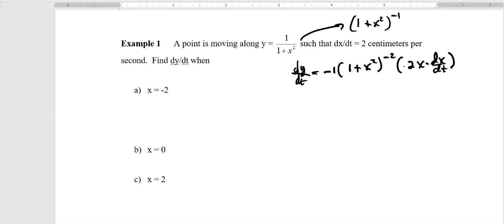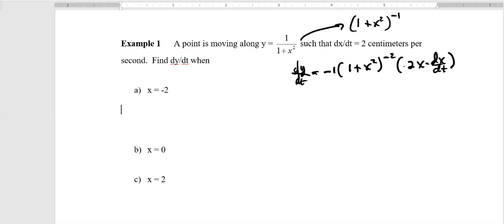Okay, so now I have to differentiate x as if it were a function of t. So I'm using the chain rule, not only on y, but on x also, when I see these in my equations. So I have an added level.